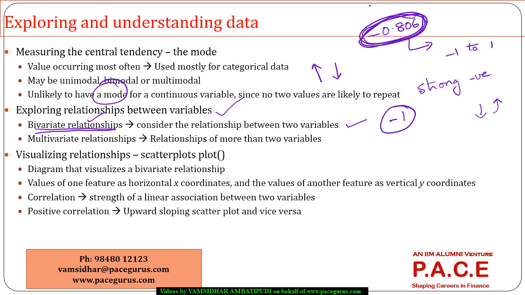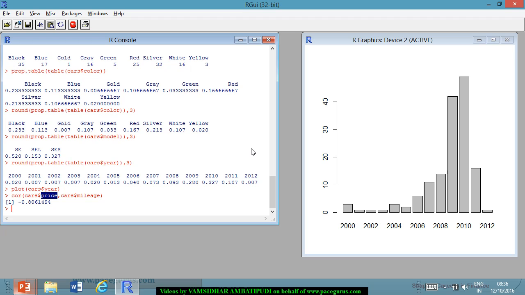Sometimes I may be interested in doing multi-variable relationships also. Between all the variables, I would be interested in looking at the relationships. This is where I can use the scatter plot if I want to visualize all these relationships.